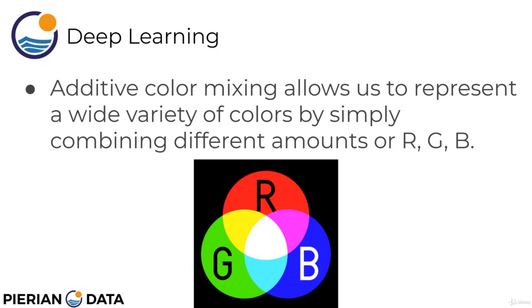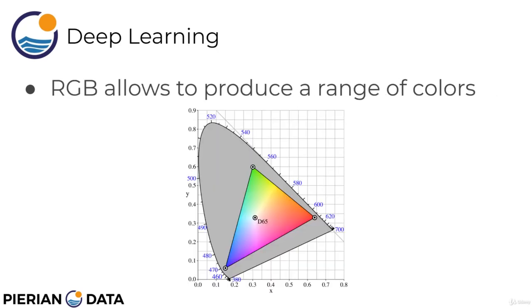So you've probably already heard of RGB color coding, red, green, blue color coding. And the idea behind that is, through some combination of red, green, and blue, you can create any version of any color. Now keep in mind, there are limits to this. RGB can't produce every single color available, but it does produce a wide variety of colors that we can see on a human scale.